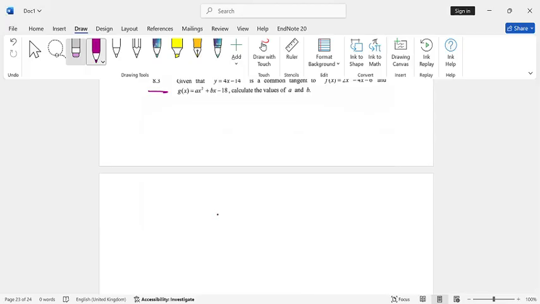So we have y equals 4x minus 14. So if I get the value, 4x minus 4 is equal to 4. This is the tangent we have. So we take the values from this equation.